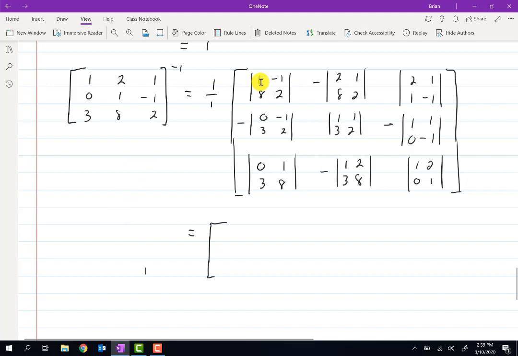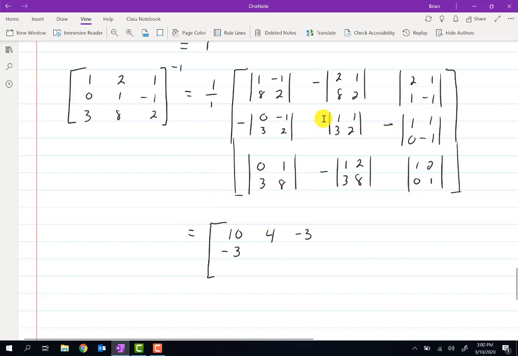For this one right here, we get 2 plus 8 will be 10. Then here we get negative 4. Well, I'll put the negative on in a minute. 4 minus 8 is negative 4, but that negative makes it a positive 4. Here I get negative 2 minus 1 makes it negative 3. Then here I get positive 3, I'll put a negative.